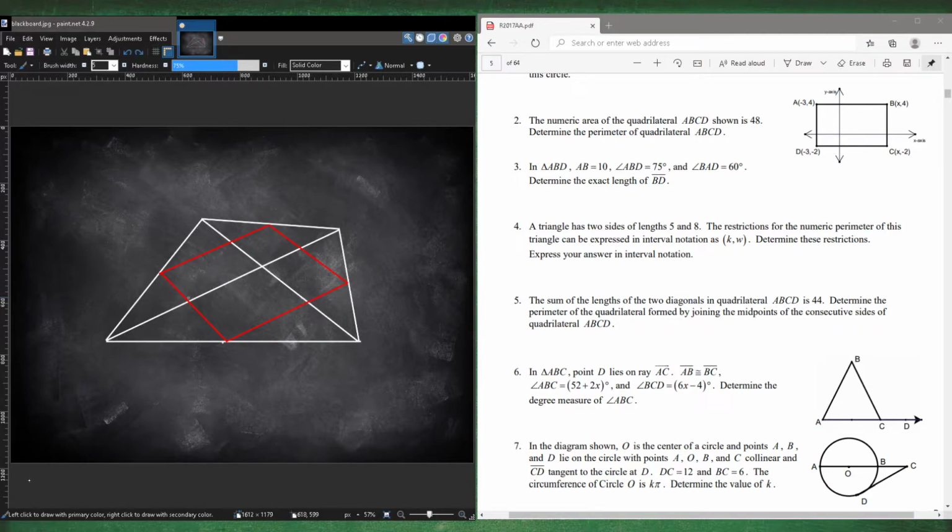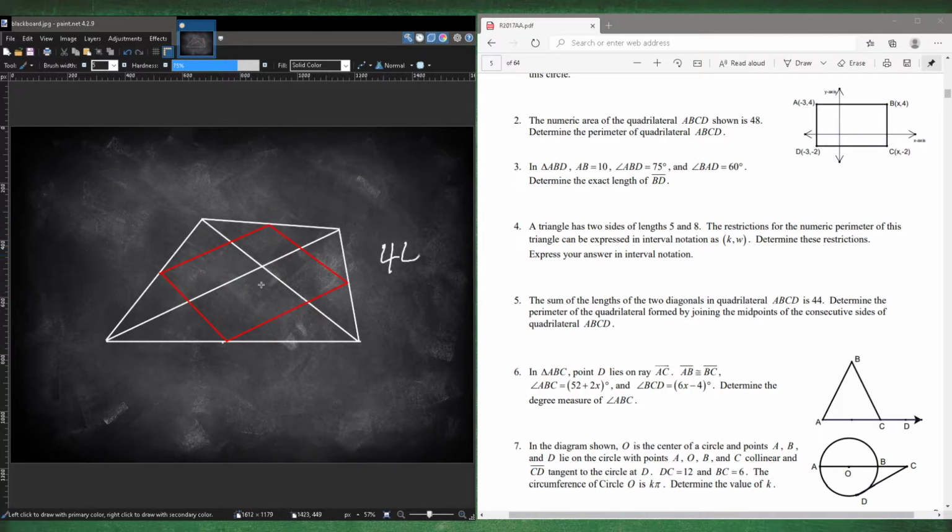And the same could be said with this and this, which is half of this, because this triangle is half of this, which makes this diagonal. So these two make this one, and these two make this one. So then if you add them together, it's just the sum of the diagonals.